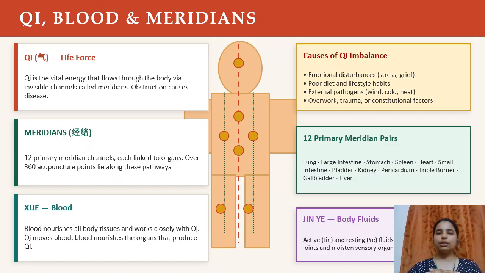We have lung, large intestine, stomach, spleen, heart, small intestine, bladder, kidney, pericardium, triple burner, gallbladder, and liver. These are not to be emphasized as such because it gives a larger quantity, but still, key meridians are also important.